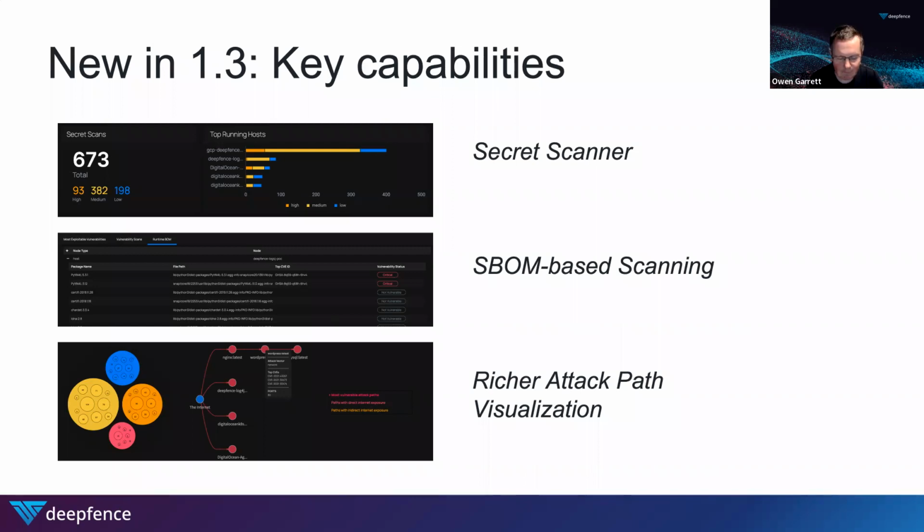And finally, the most distinctive and useful capability within ThreatMapper is its attack path calculation, telling you how the vulnerabilities that were discovered can then be exploited by a determined attacker. And we built this capability out and will continue to innovate and extend our attack path visualization and calculation to help you understand which of the vulnerabilities you need to fix first in order to minimize your exposure to risk.